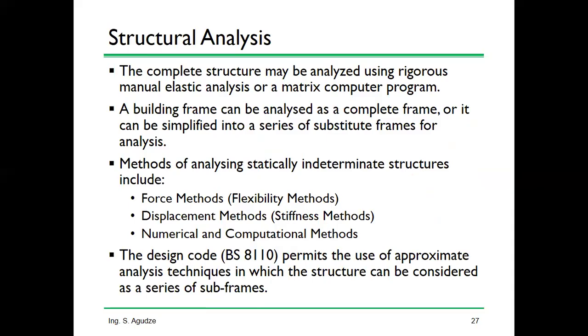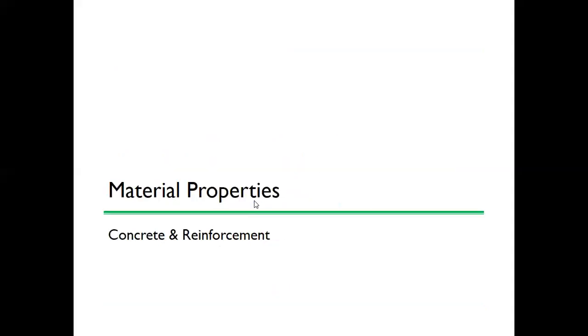No, because they know that it's been covered most of the time in mechanics of materials and structural analysis books. So they may mention the type of analysis you can use, but they will not go further to specify the procedure for doing it. Okay. All right. So if you have any question, you may ask. Otherwise, I'm moving to material properties.